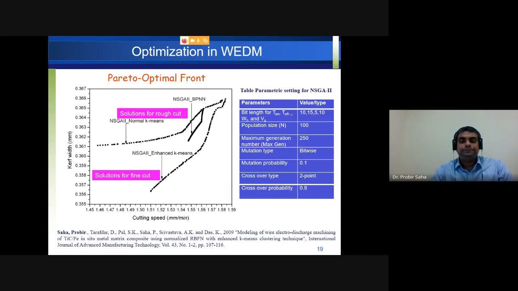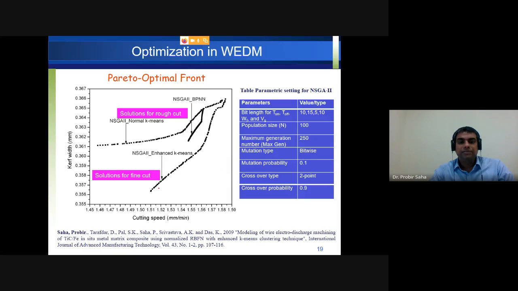Finally, I applied all types of neural network here: NSGA2 with BPN, NSGA2 with normal k-means, NSGA2 with enhanced k-means. I coupled all these algorithms to find out the fitness, trying to find out which neurogenetic tools will give you the best results.